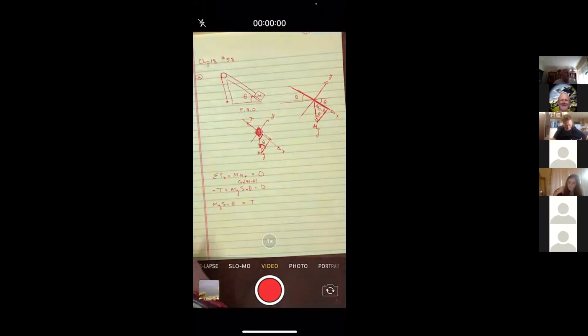Now I'm trying to remember, did they give me numbers to work with? They did give me an angle. That's good. And g is 9.8. But they didn't give me an m. So I think you know the rules here. The rules are, if they give you numbers, put them in. If they don't give you numbers, they only give you symbols, then give the answer in the symbols that they have.